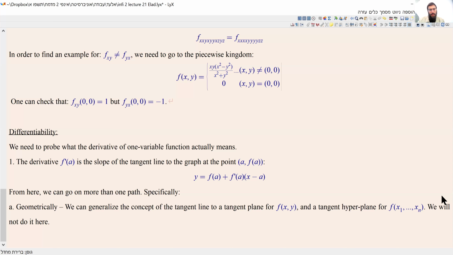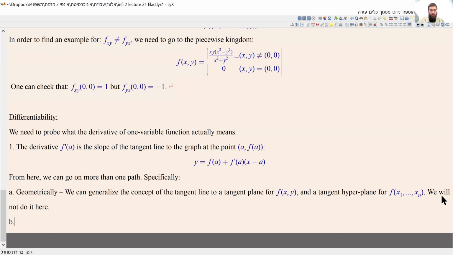Not today. And b, I can call it analytically. Analytical, that's how you write it. The first one is an I. No, it's some Y here in analytic.